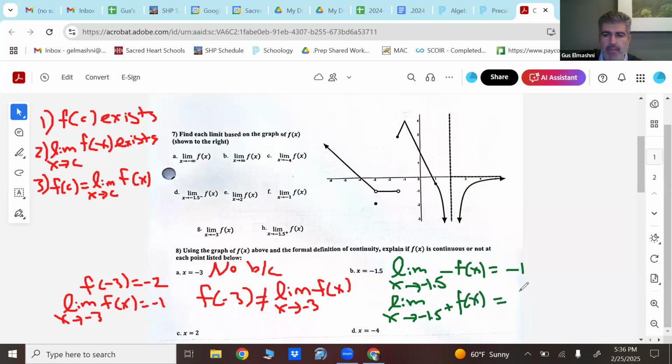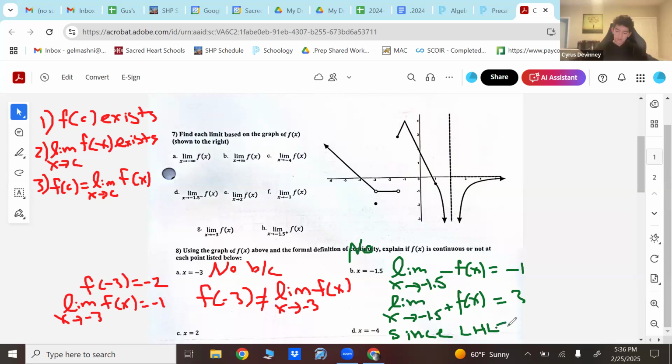For the right side, it's 3. So you could say, since the left-hand limit does not equal the right-hand limit, the answer is no again.